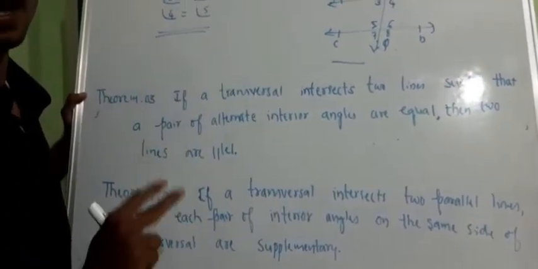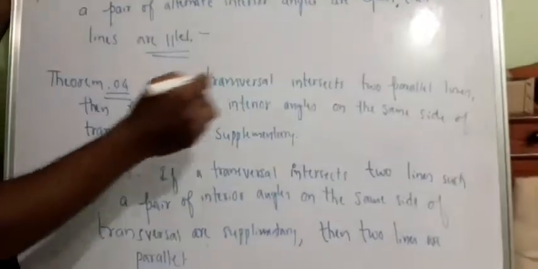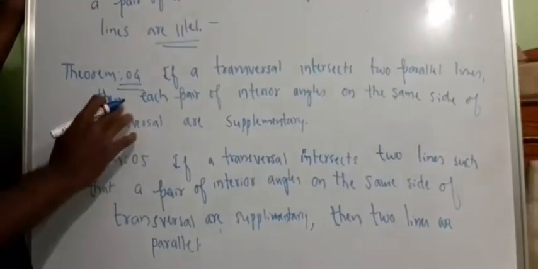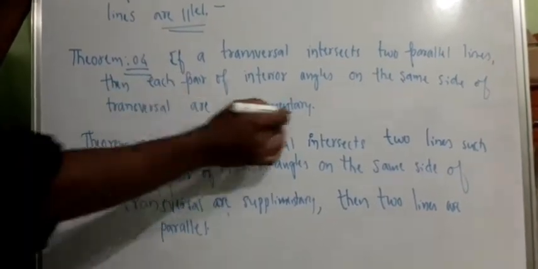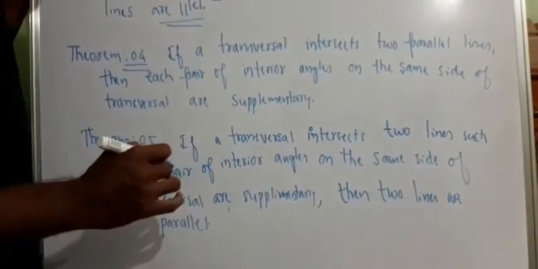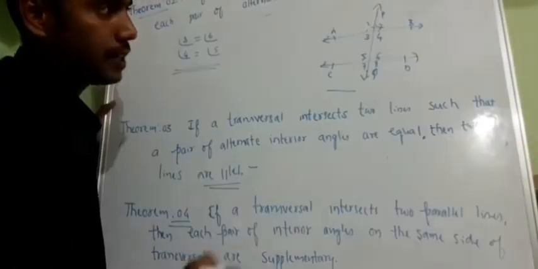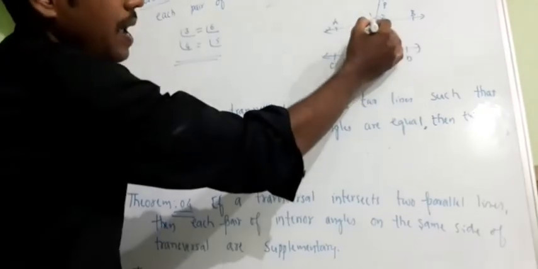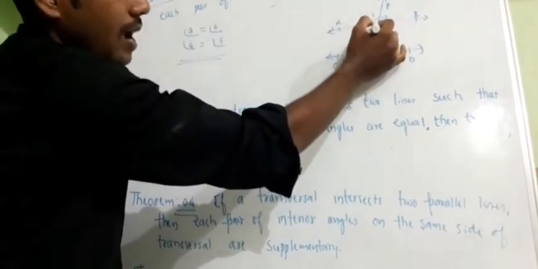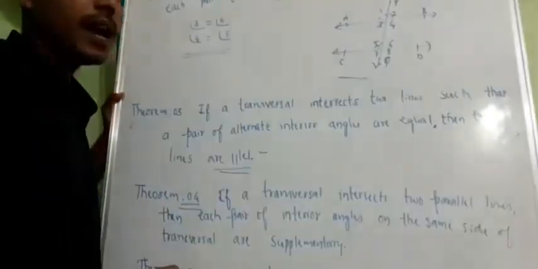are parallel. Earlier, if a transversal intersects two parallel lines, then each pair of interior angles on the same side of a transversal are supplementary. What does it mean? If a transversal intersects two parallel lines at two different points, then the pair of interior angles on the same side of a transversal are supplementary.